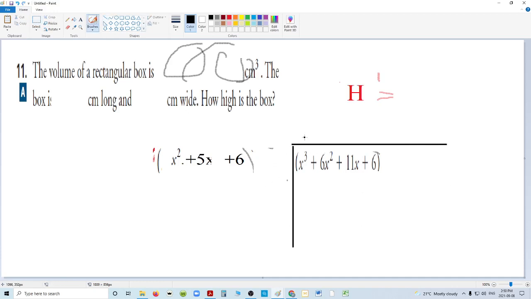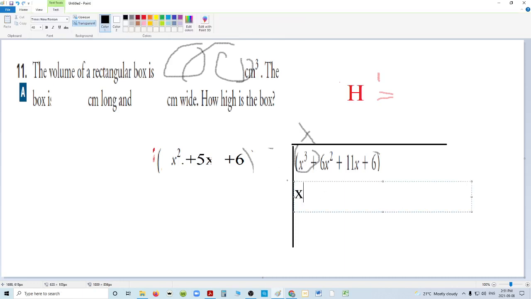I'm not missing any terms here. So what do I have to multiply with here to get x cubed out of x squared? It's x. If I multiply it out, I'm going to get x cubed plus 5x squared plus 6x, right?